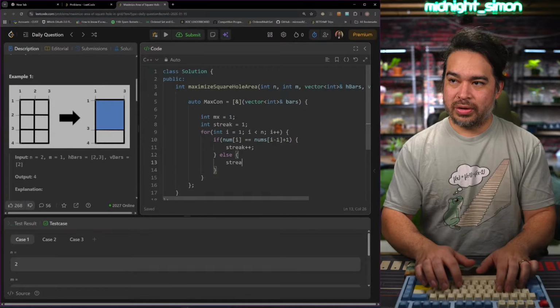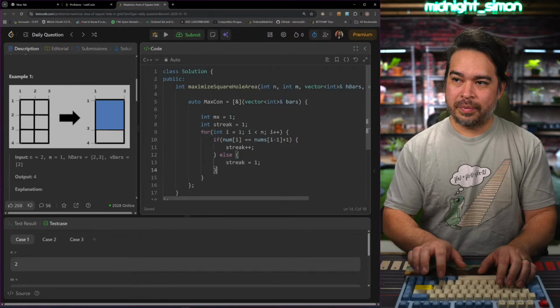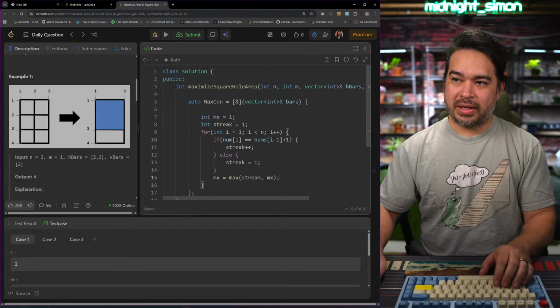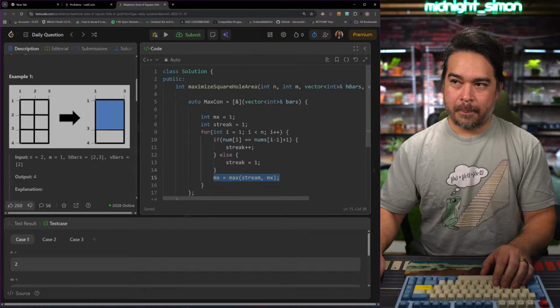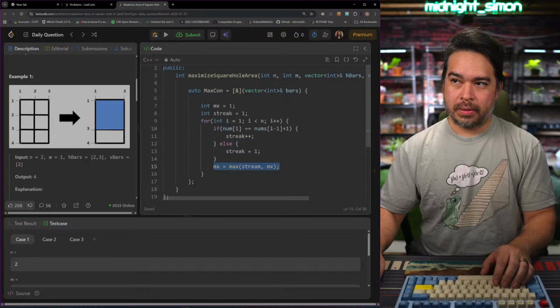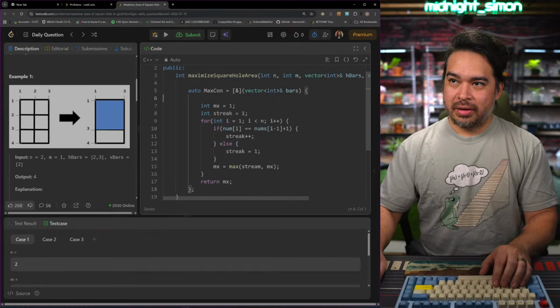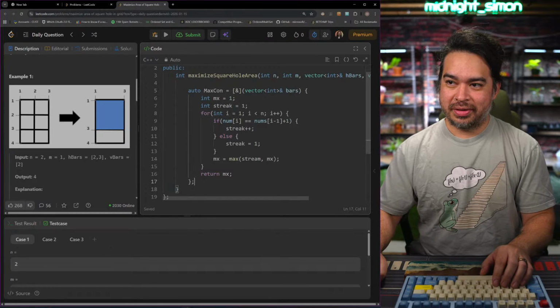Otherwise, our streak resets to 1. And then that's the maximum streak that we've seen. I think that looks okay. I suppose looks good to me.